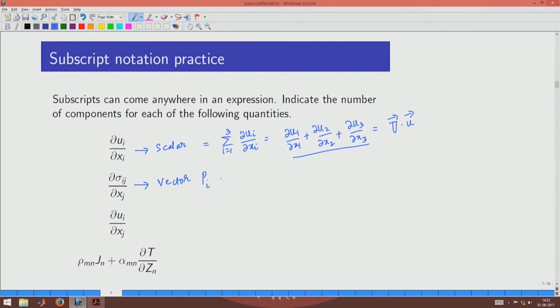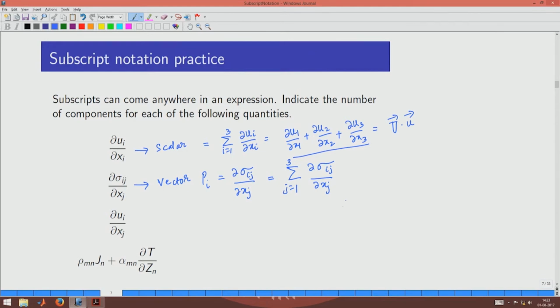So, the vector p_i is equal to ∂σ_ij/∂x_j, and because j is the dummy index, we could then sum up over the j index and get each value of p.